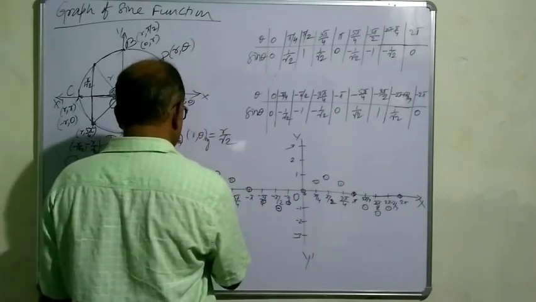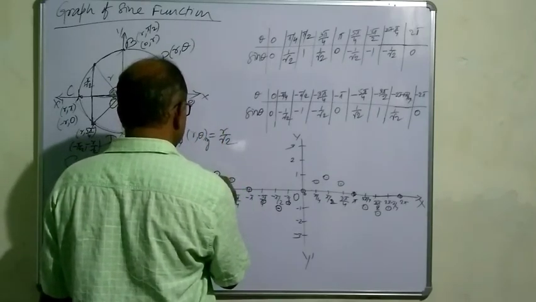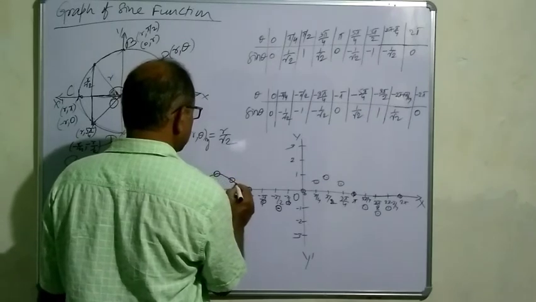So you see your curve will be like this, if you join it smoothly.